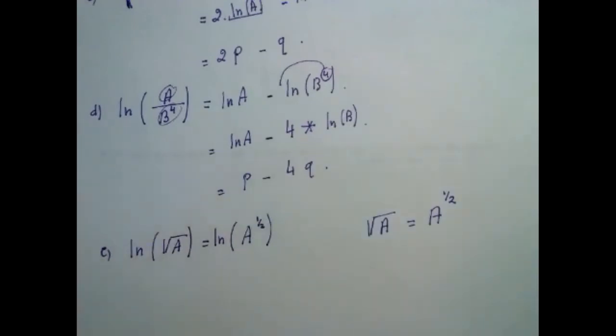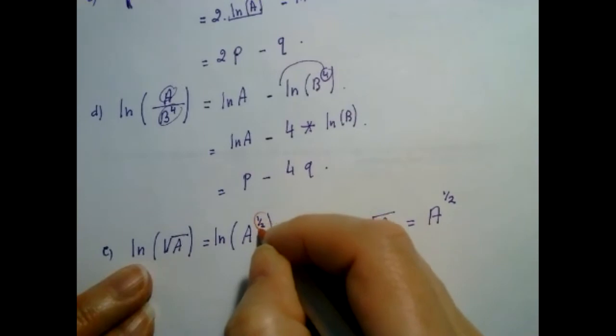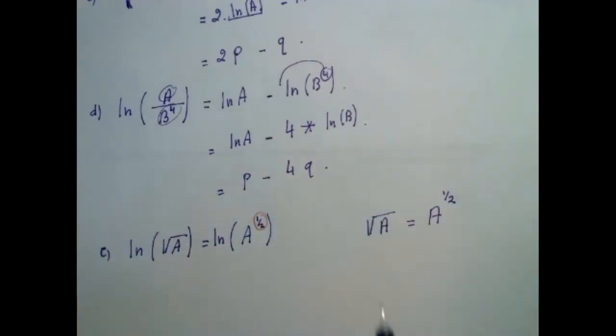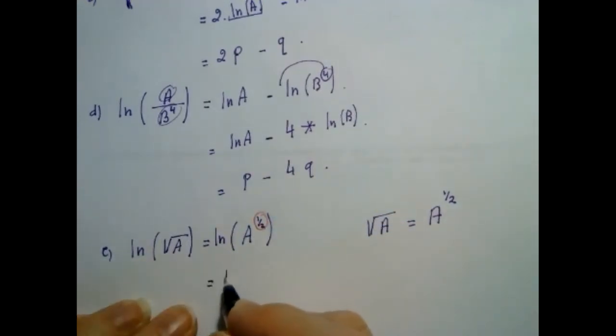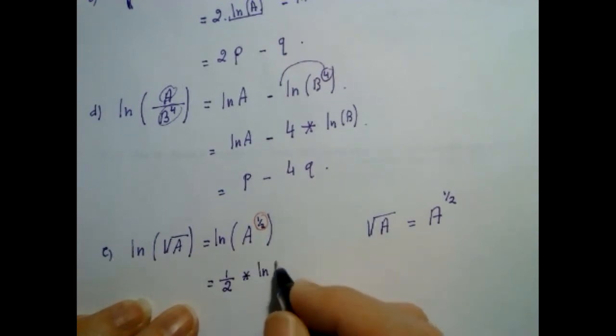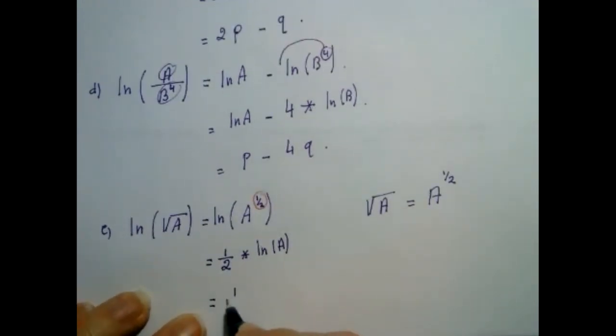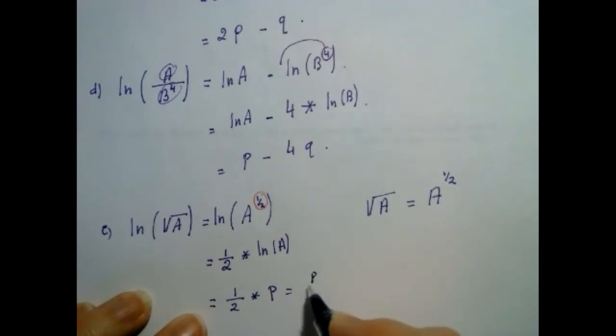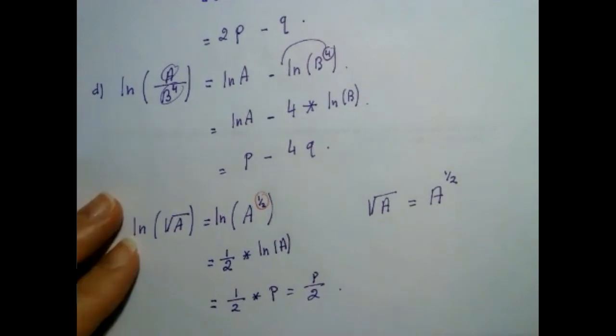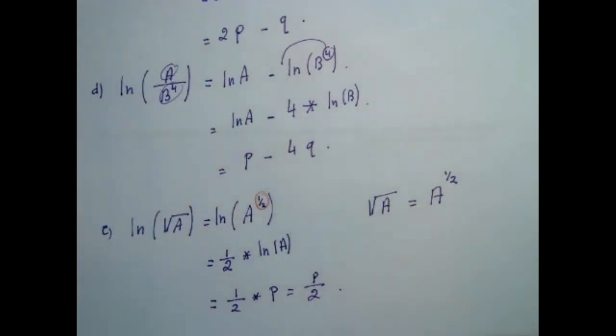Very good. Now, a half is my exponent, so I'm going to use the formula verbatim. I drop the exponent and multiply it by the ln of A. Finally, this is going to give me a half of P, or if you want, P over 2. Right.